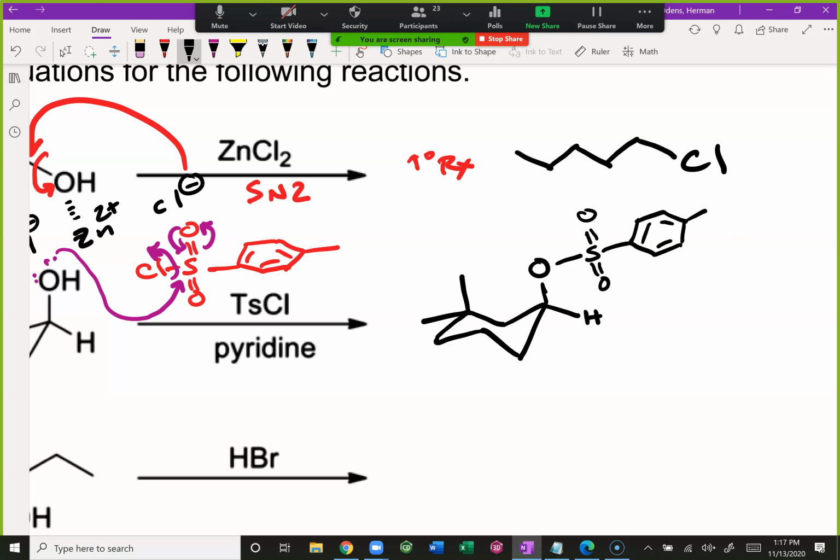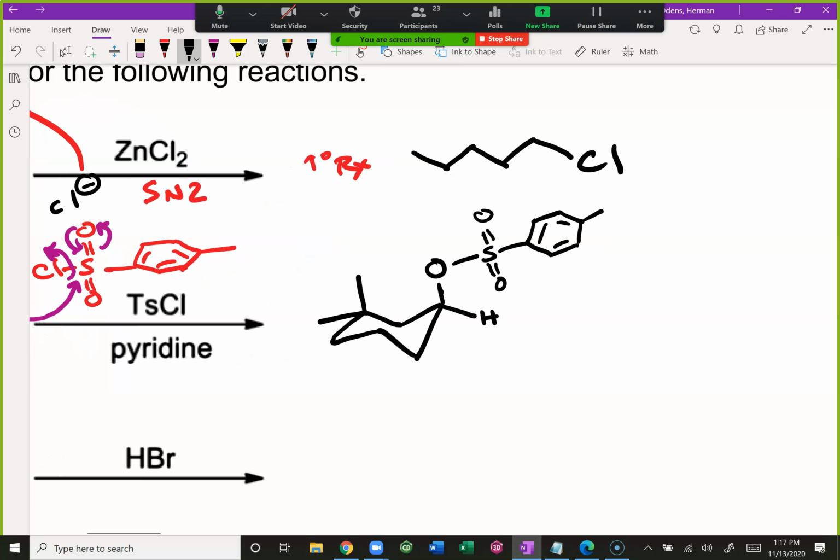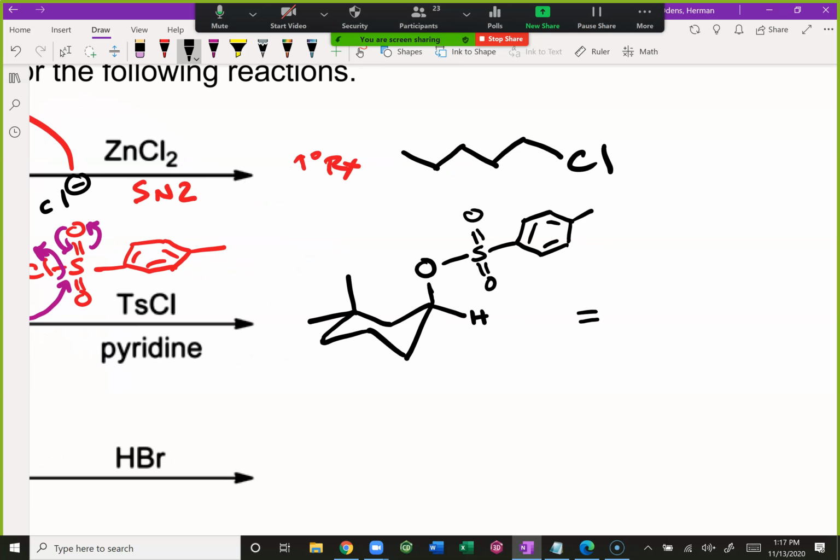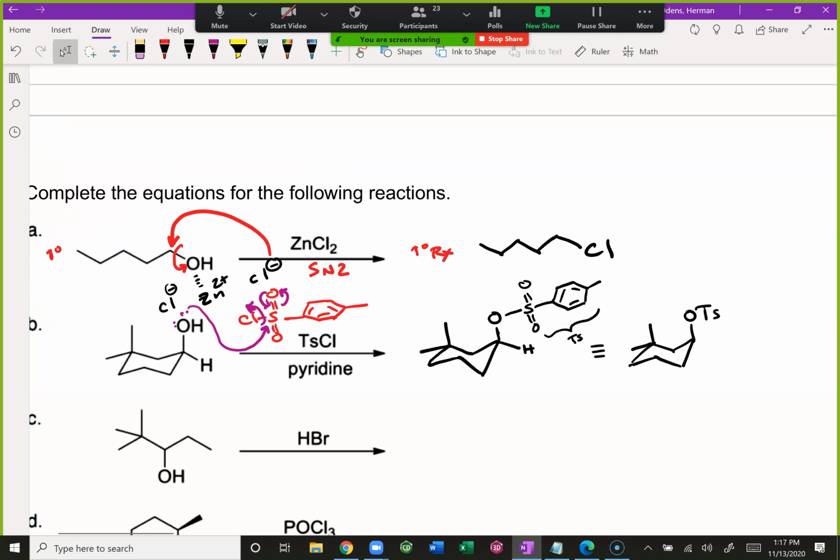And so you make that, or you can just simply say OTs. This is the Ts part, the tosyl part. All right. So that'll be the final product for that.